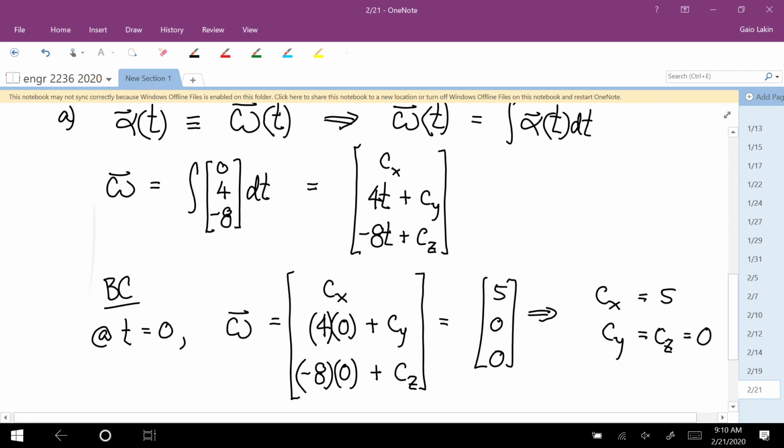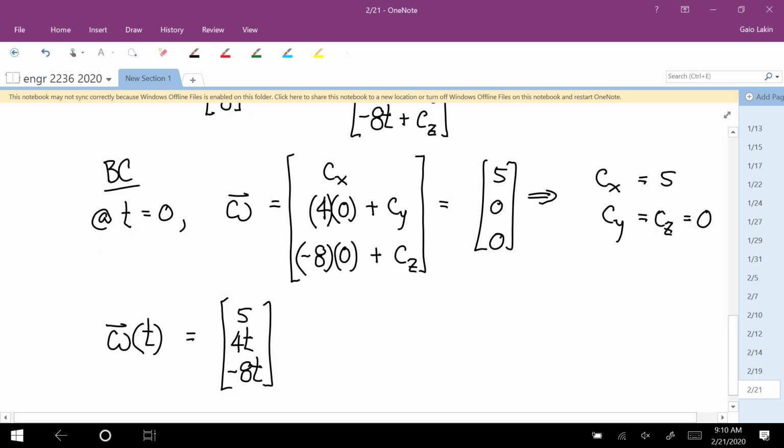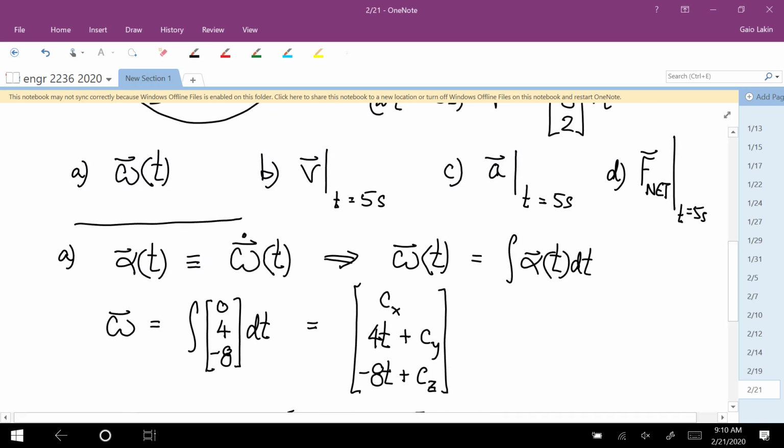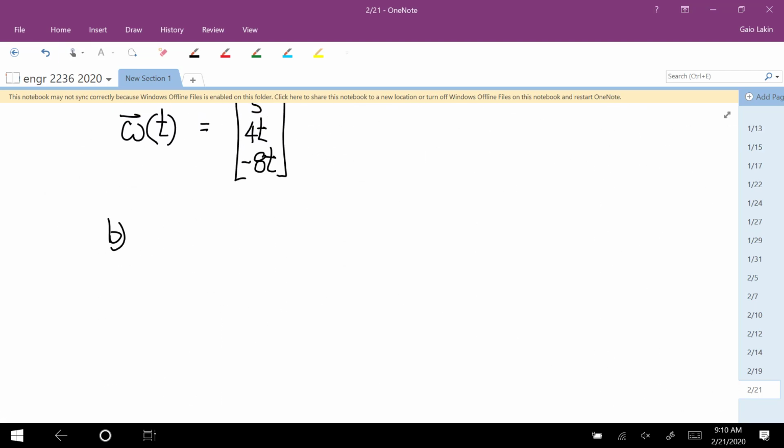And then for B, we want to calculate the velocity vector when time is equal to 5 seconds. The velocity vector at any instant is equal to omega crossed with the r vector.